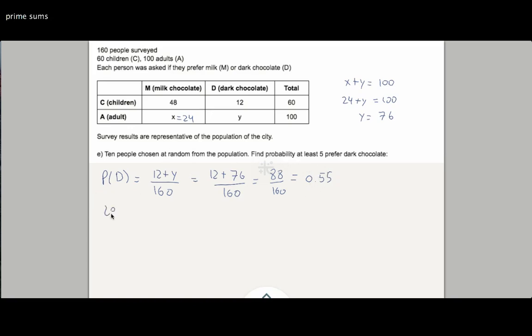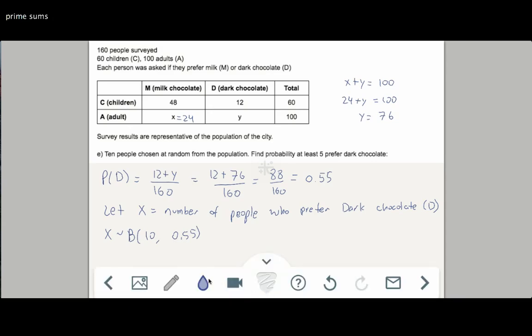So let's introduce a random variable X equal to the number of people who prefer dark chocolate. X is going to be binomially distributed with 10 trials and 0.55 probability of success in each trial.